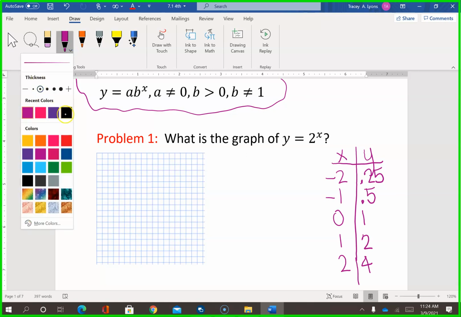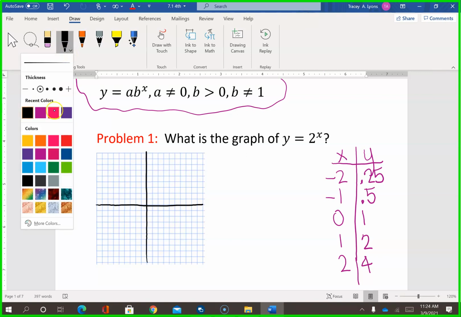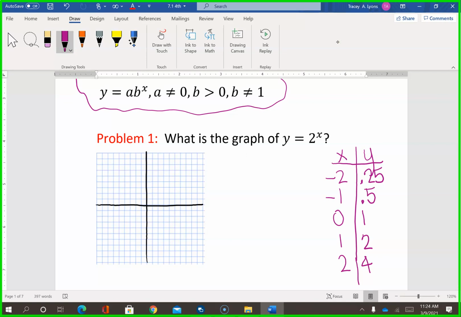So let's put that on the graph. My graph is pretty small, so mine won't look as good as yours probably. So negative 2, and then just a little bit above that.